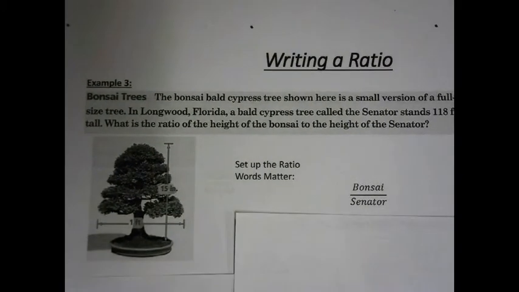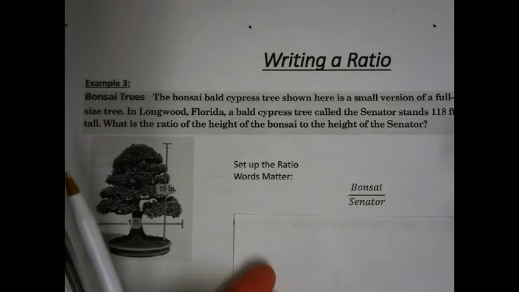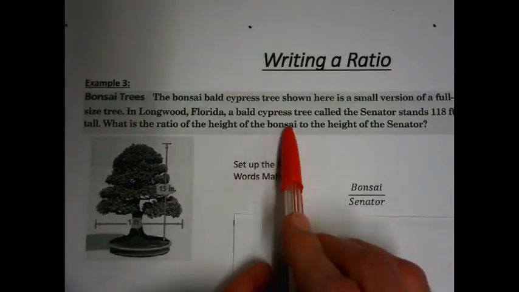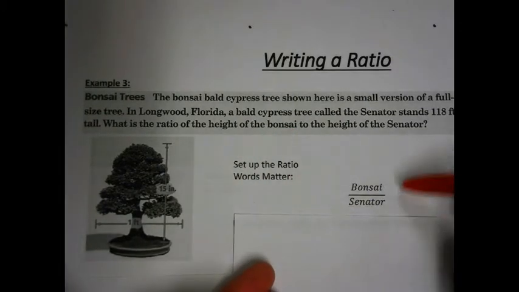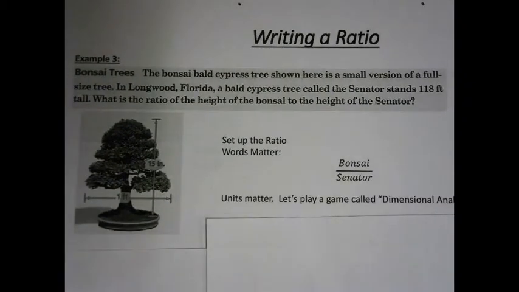Those are the two things that we are comparing. If we were comparing the Senator to the bonsai, it would be the other way around. Words matter. Now, units also matter. So we're going to play a game called dimensional analysis because units matter.